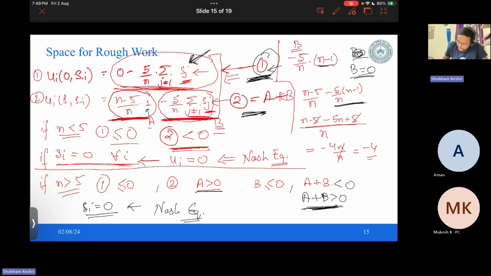When player I is playing 1, we are talking of term 2, correct? And when n is greater than 5, then term A in term 1 is positive, correct?